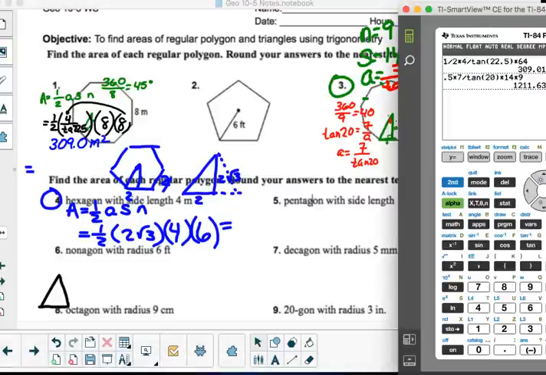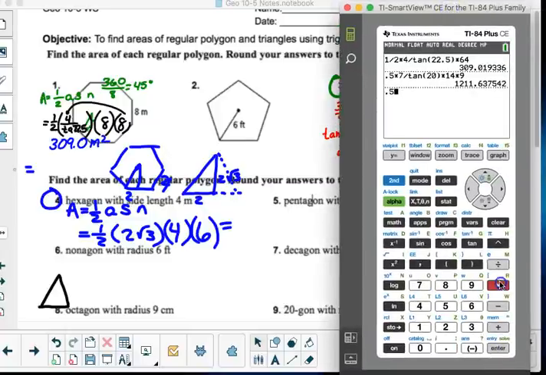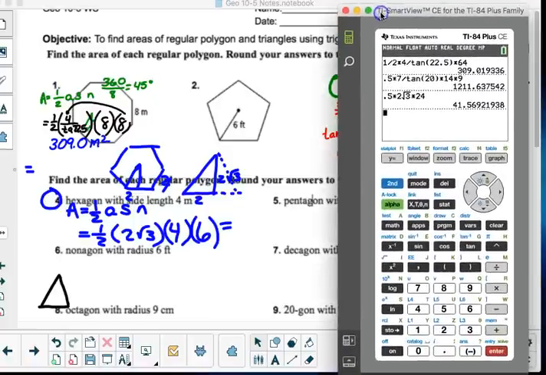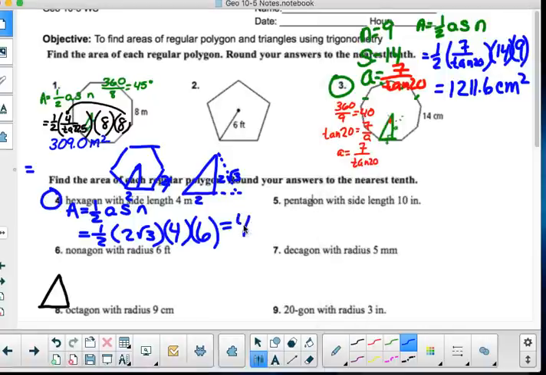Let's just double check. I got 0.5 times 2 square root of 3, times 24, that's 6 times 4, and I get 41.56. But I'm supposed to have my answer to the nearest tenth, so 41.6. And that is meters squared.